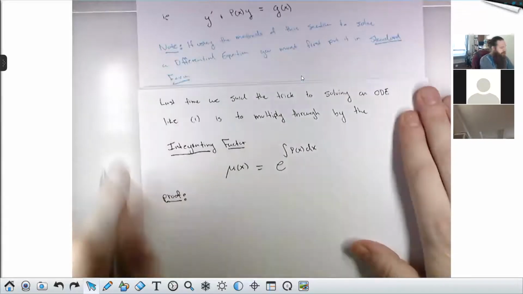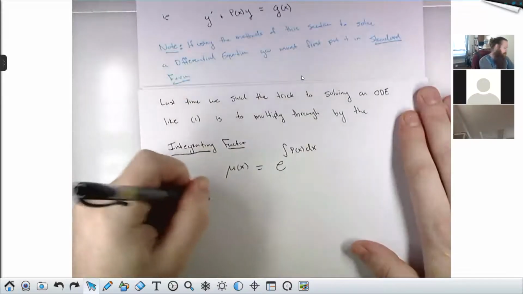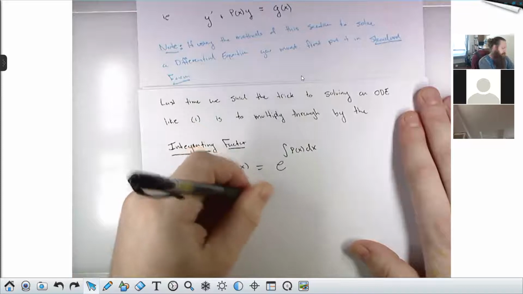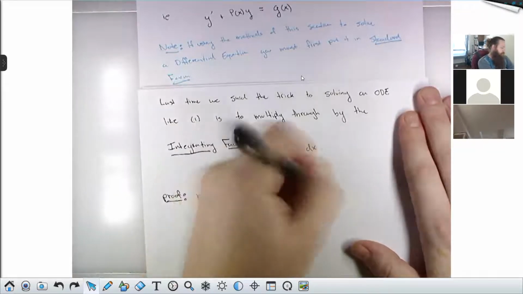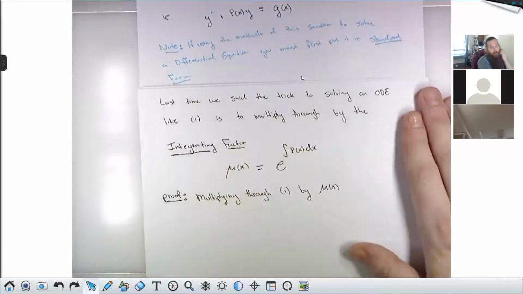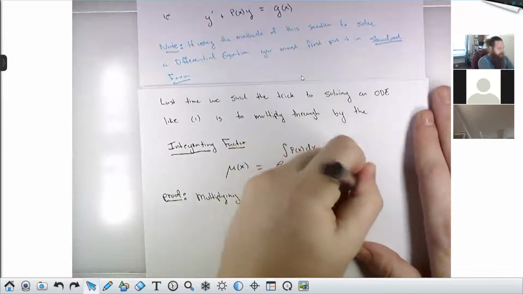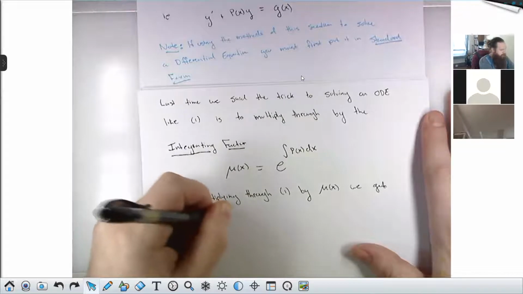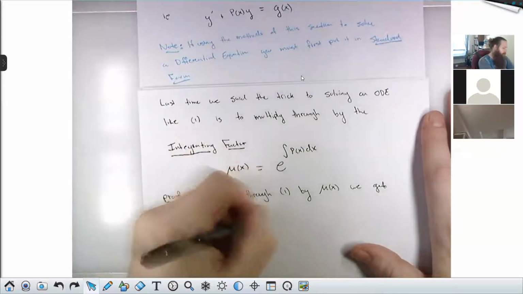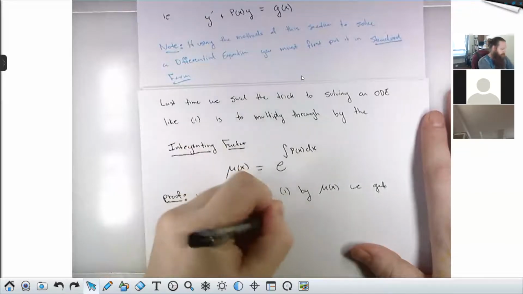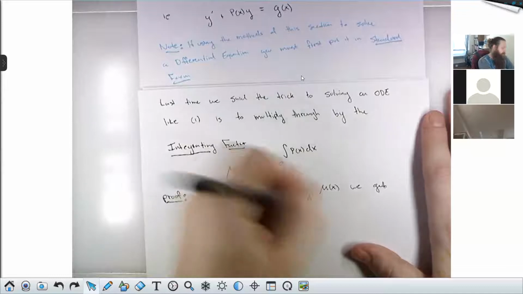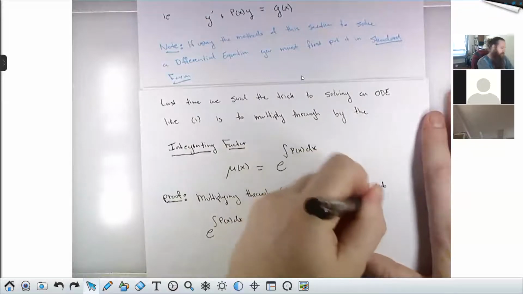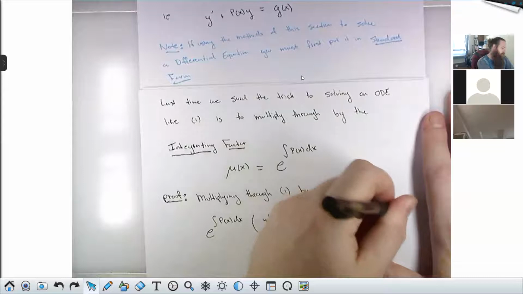If I multiply through equation 1 by the expression mu, we get e raised to the integral of p of x dx times, I'm going to use the prime notation, y prime plus p of x times y equals e raised to the integral of p of x dx times g of x.